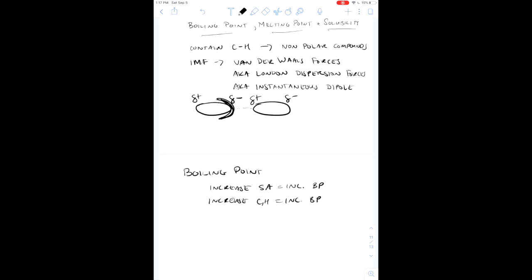That's going to increase the boiling point as well. You can think of, for every carbon and hydrogen that's added, we're essentially adding more electrons, right?